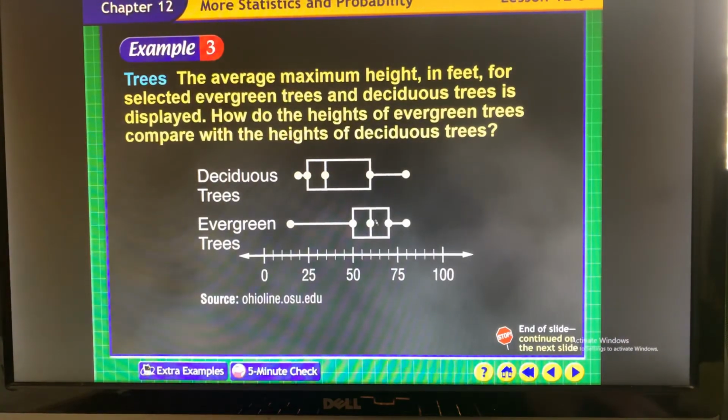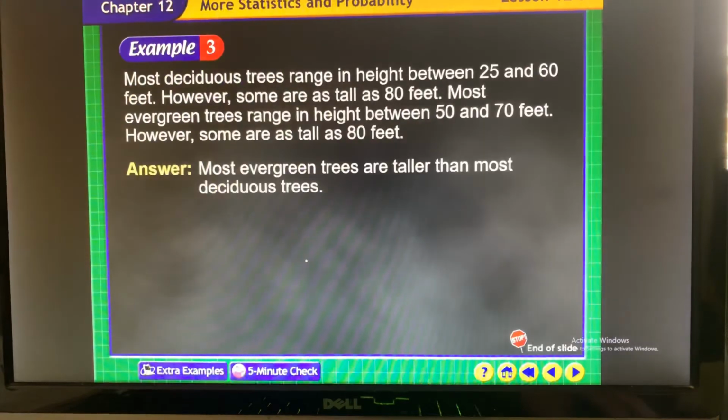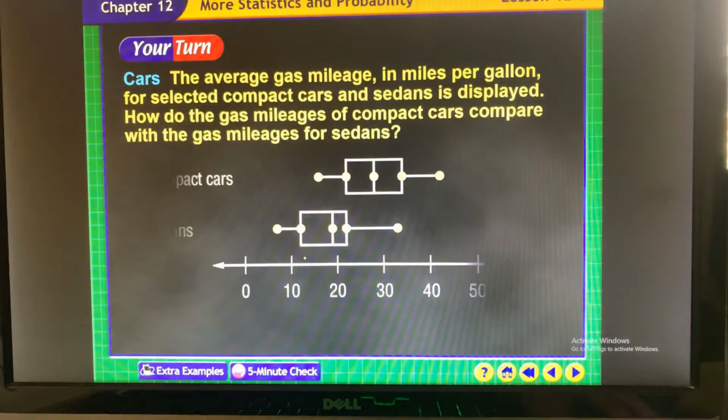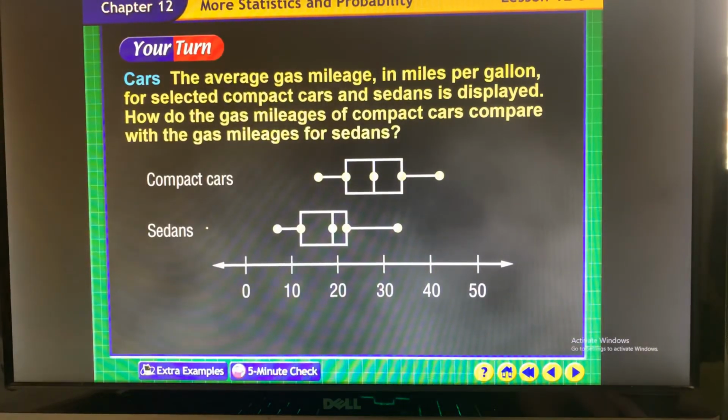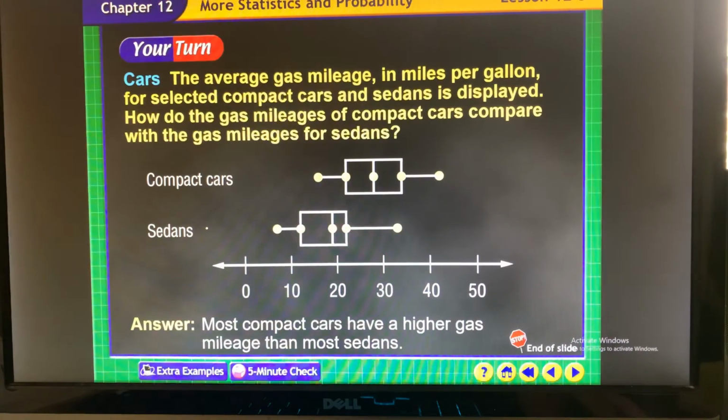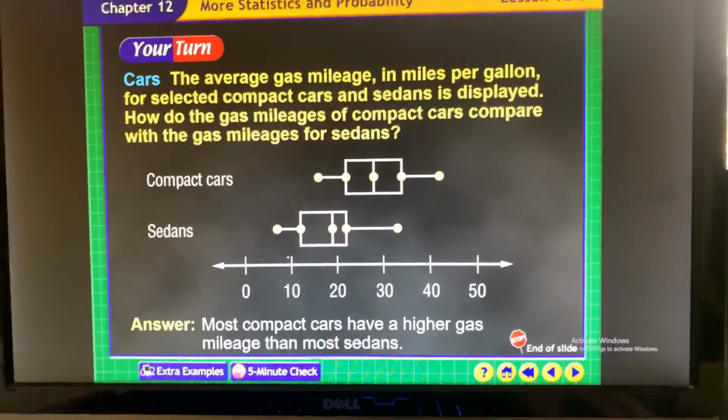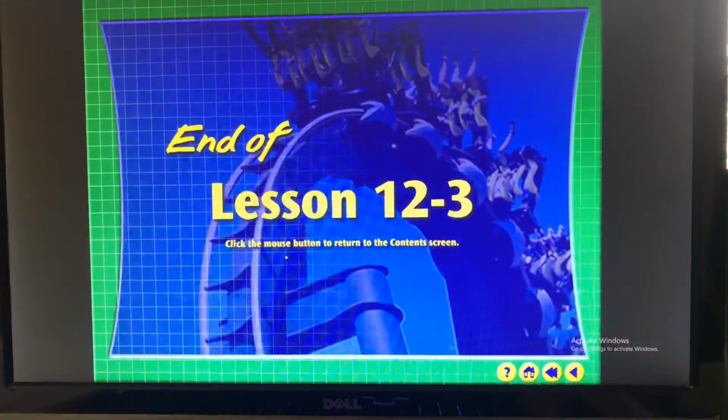Most evergreens fall over here in the higher height, and most deciduous fall in the lower half. Compact cars versus sedan cars. Most compact cars, if you look at it, have a higher gas mileage than sedan cars do. These take up more gas, and you can't go as far. And that's a box and whisker.